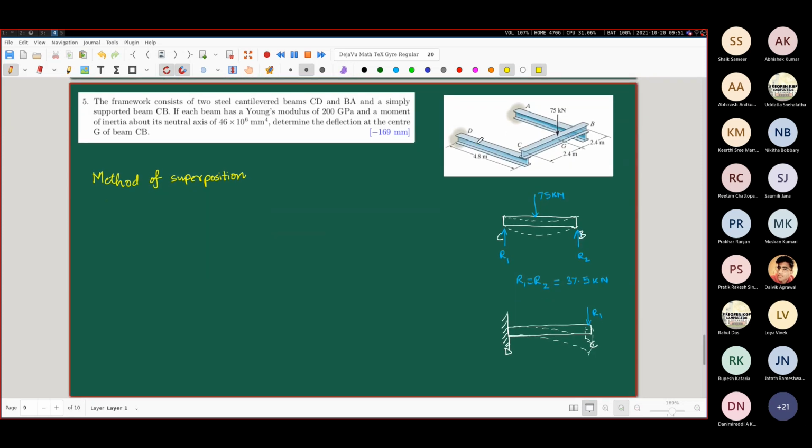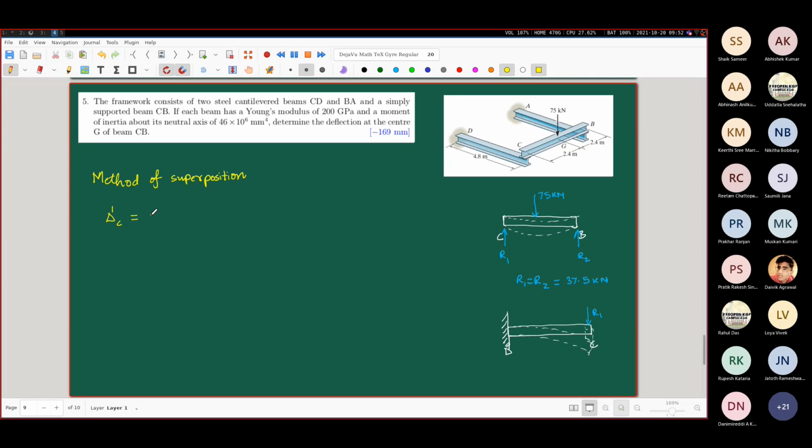So for this problem, the CD deflection will be simply PL cube by 3EI. Okay, where this P will be this R1. So let's say I'm writing this as delta C1 just to indicate that this is only one of the deflections.